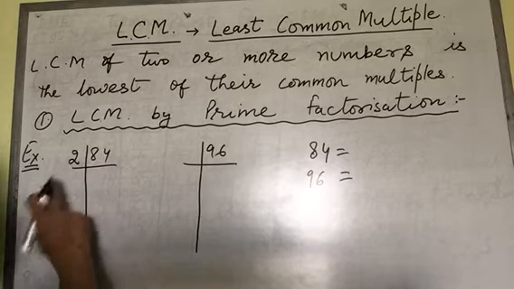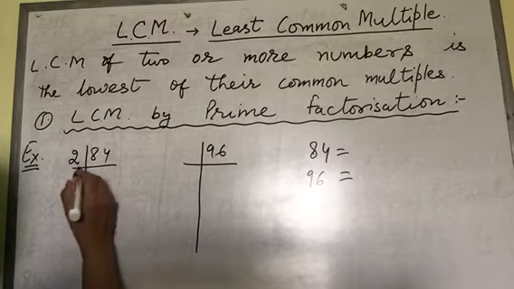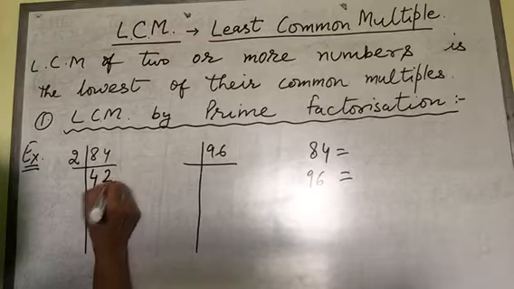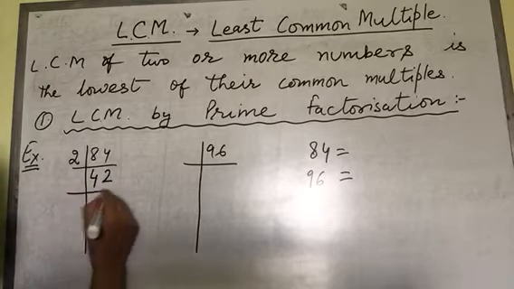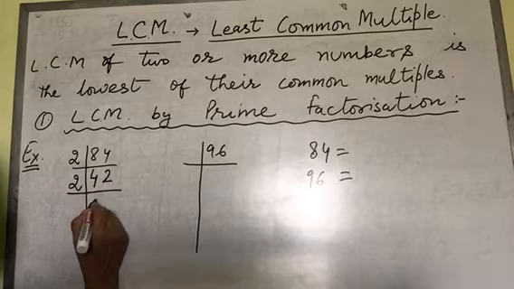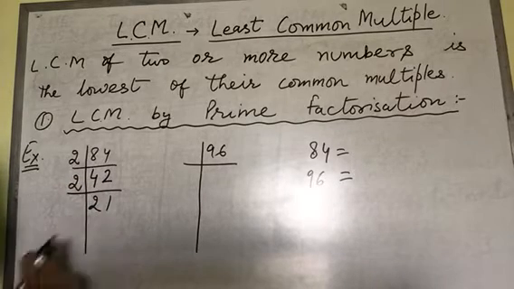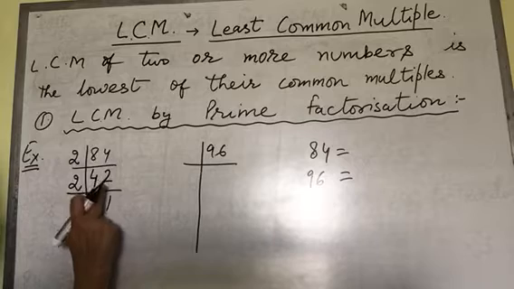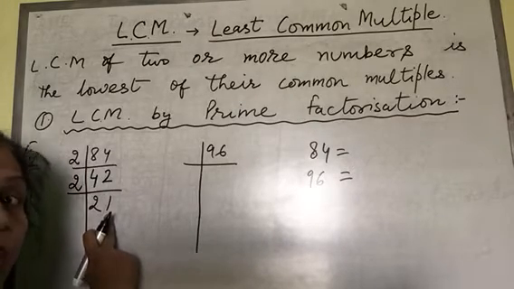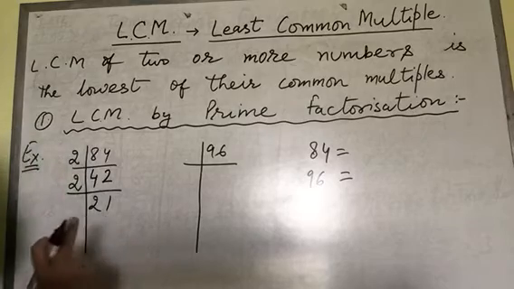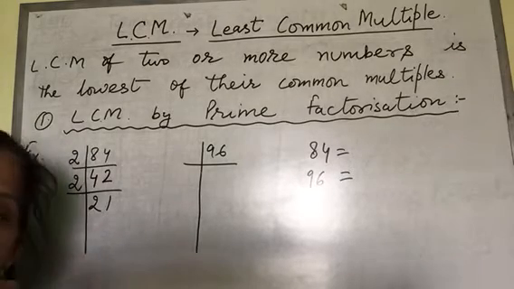When you divide 84 by 2, you will get 42. Now again this is an even number. फिर से हम 2 से करेंगे. 21 आ गया. 2 21s are 42, 42 2s are 84. So now 21 is an odd number. So 21 जो है वो 2 की टेबल में नहीं आता. It is an odd number.